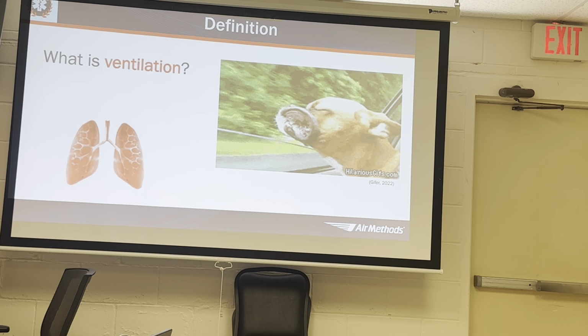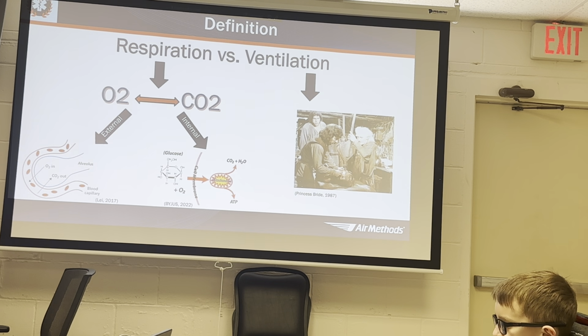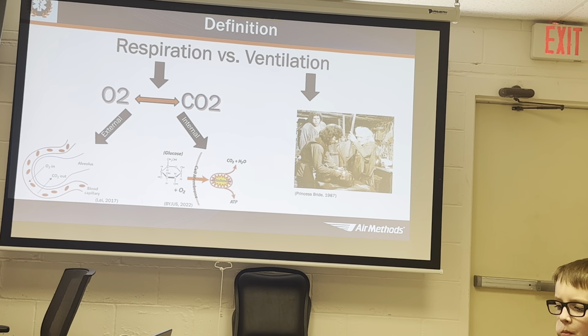So what is ventilation? Ventilation is basically just moving air in and air out of our lungs. It's often confused with respiration. Respiration happens at the cellular level. Respiration occurs both in the alveoli, where oxygen is diffused through the alveolar membrane into the pulmonary vessels, then into red blood cells.